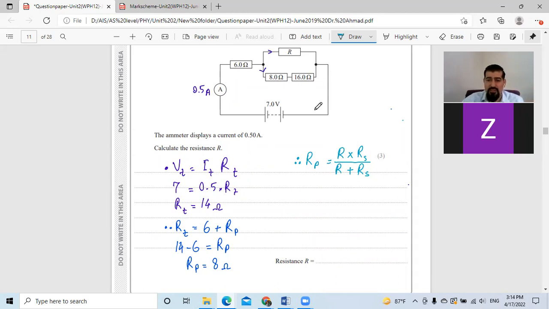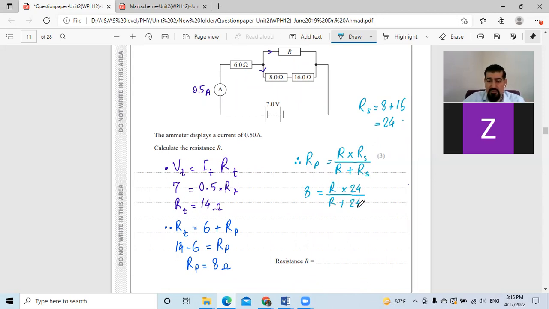Now R in series is 8 plus 16, which is 24. We put it here, and R parallel we just found, which is 8. So 8 equals R times 24 over R plus 24.